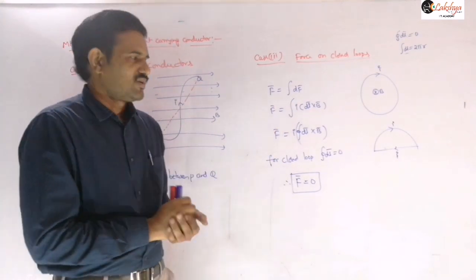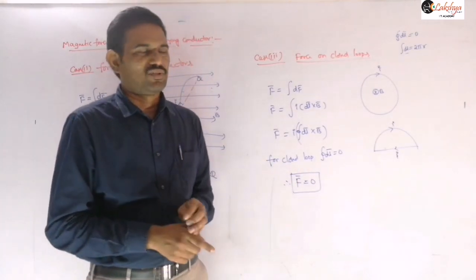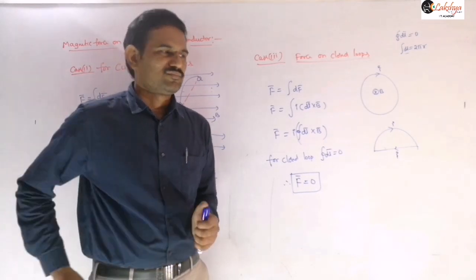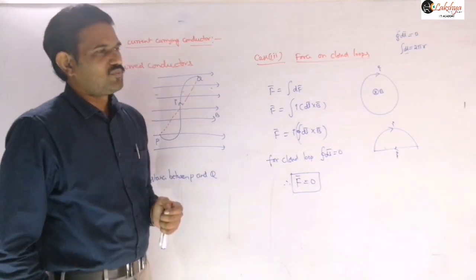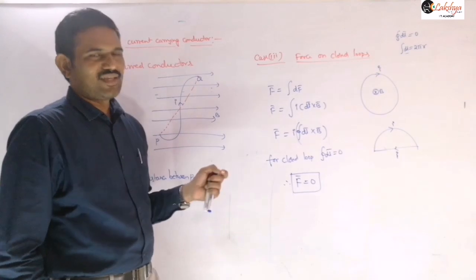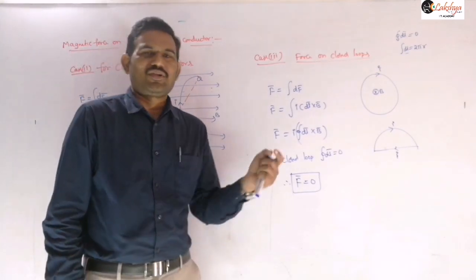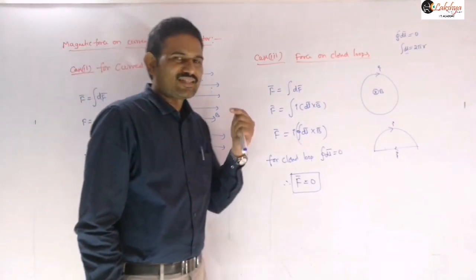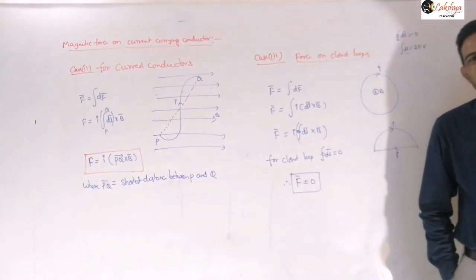So in general we say that the net force acting on the closed loop is 0, and these are the exclusions. That means if the loop is lying in the same plane and the same amount of current is flowing throughout the loop in the same sense, either clockwise or anti-clockwise.